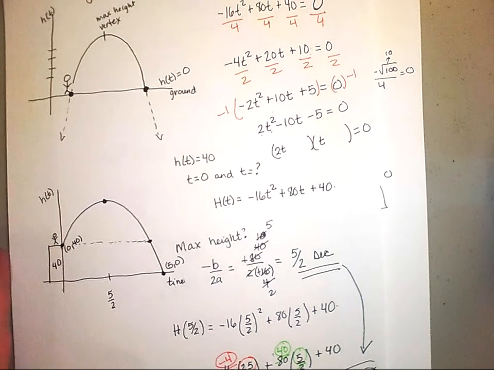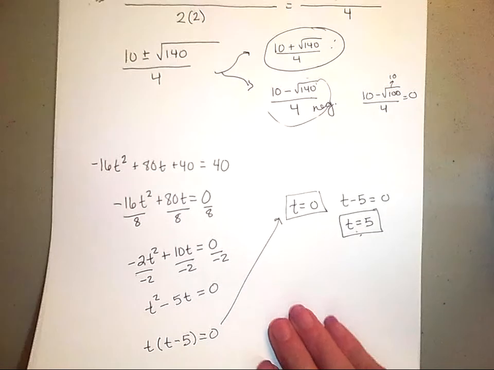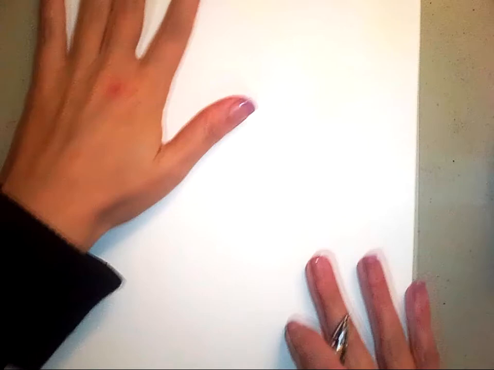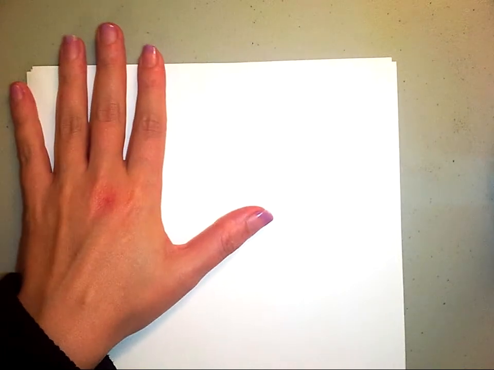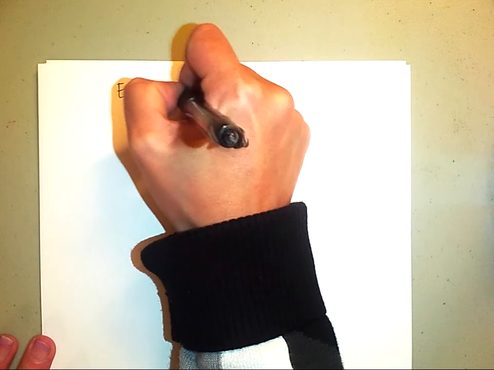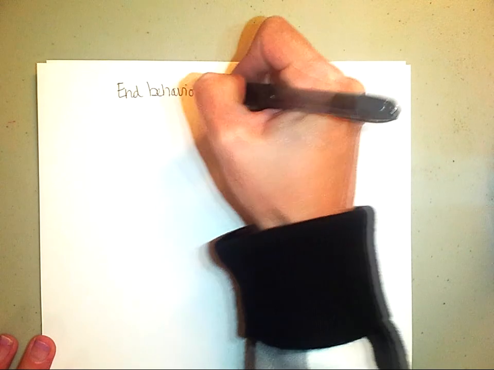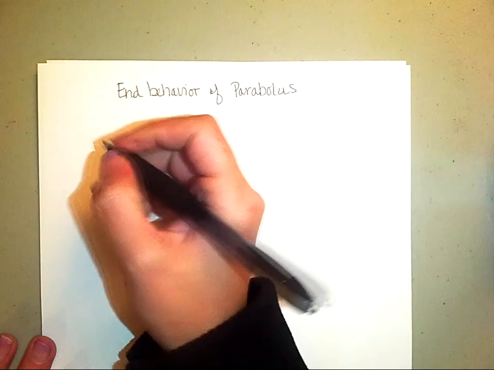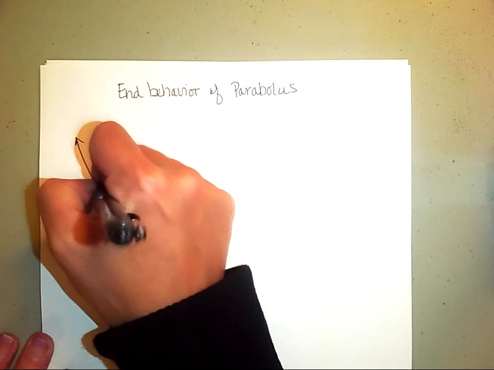Okay, so that's some characteristics for you. We have one last thing to talk about as far as the shape of the graphs are concerned. We want to start talking about something called end behavior of parabolas. So we have two types of parabolas.